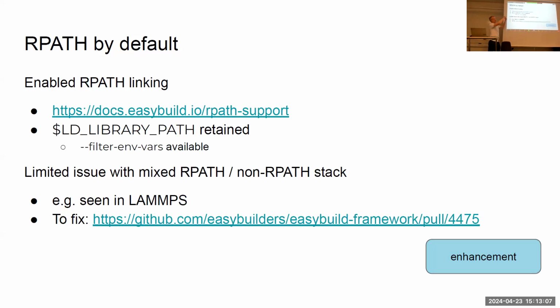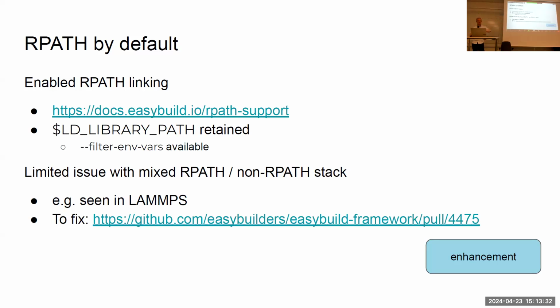Again, if you want to know why, that's also covered in that documentation. I'm not going to go through that now, but that documentation also tells you that if you do want to remove LD_LIBRARY_PATH from your generated modules, there is a parameter that allows you to do it, and it tells you how.